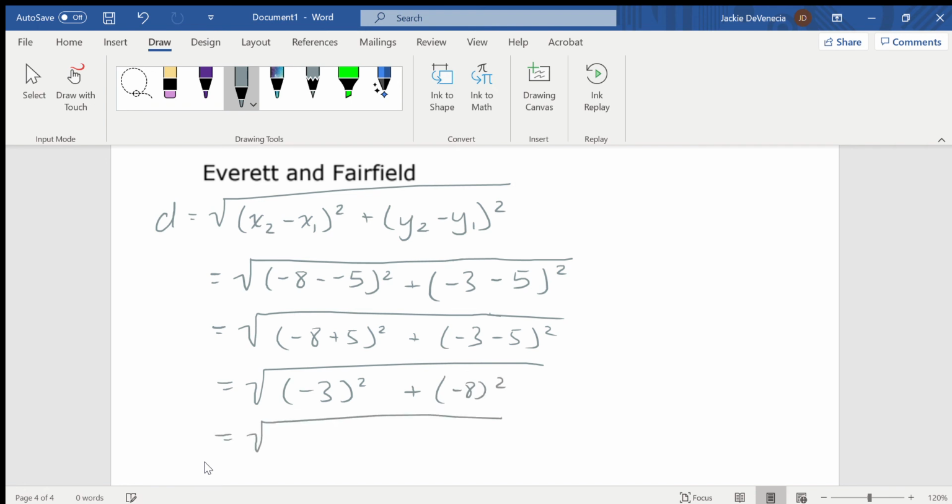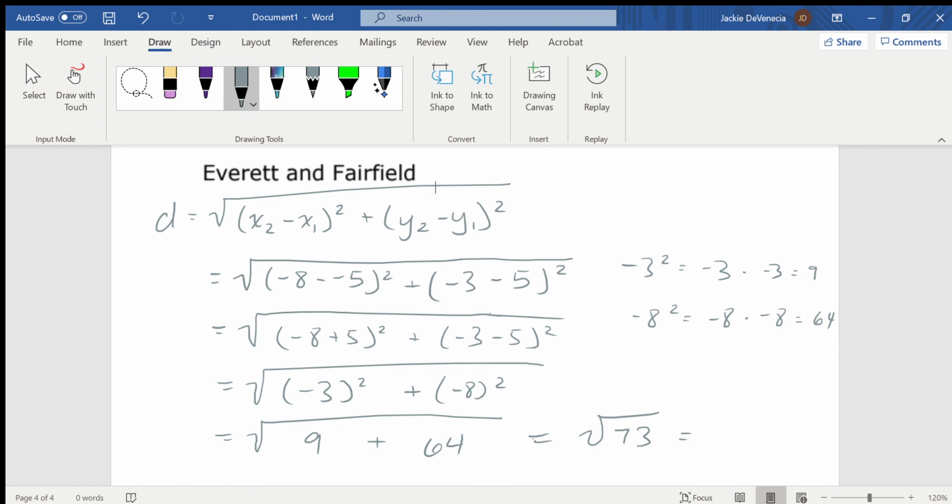The square root, so negative 3 squared is the same as saying negative 3 times negative 3, which is a positive 9. Negative 8 squared is again like if you're doing negative 8 times negative 8, which is a positive 64. Okay, you add those together, and you should get the square root of 73. And you want to put this one in your calculator.